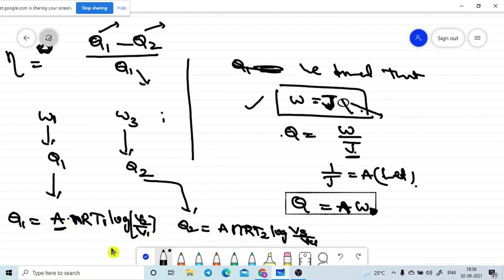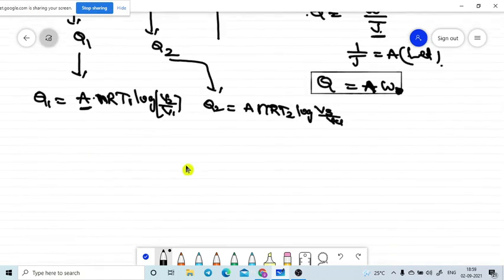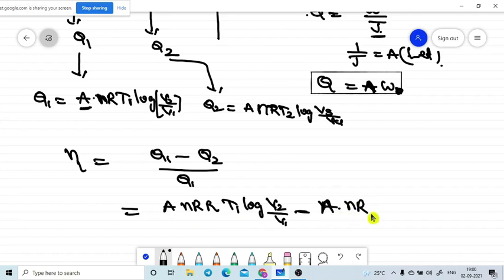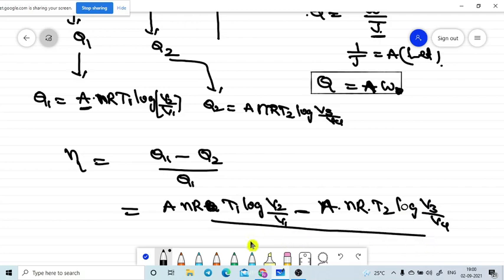So now the formula is eta is equal to Q1 minus Q2 divided by Q1. Then substitute these values: A into nR into T2 into log of V3 by V4, all divided by the Q1 value.